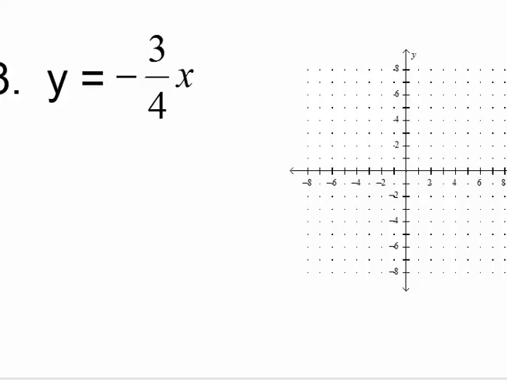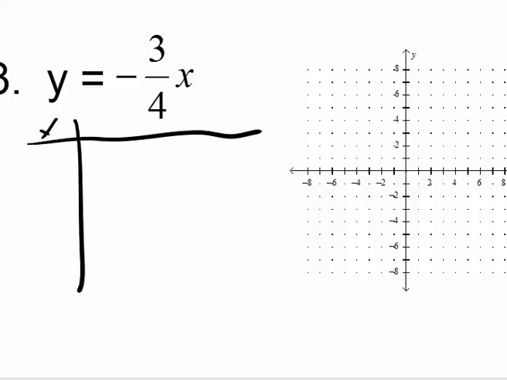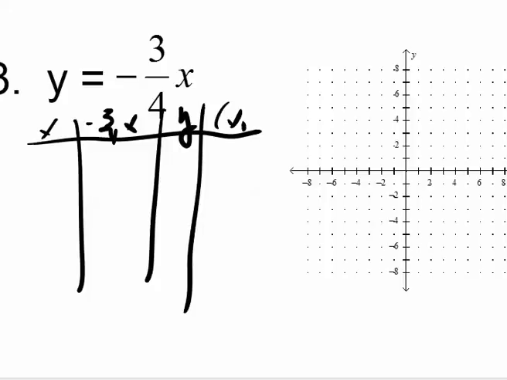Now we have a fraction. We're still going to create our t-chart: x, -3/4 x, y. A little hint: choose multiples of 4 so that when you multiply, you will get rid of the fraction. -4, 0, and 4.